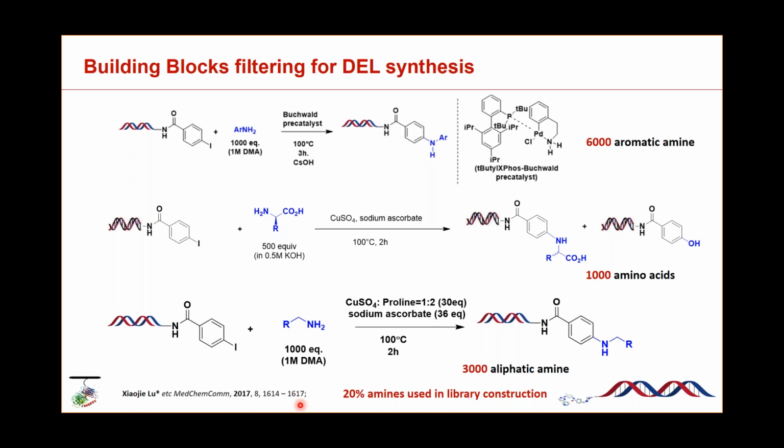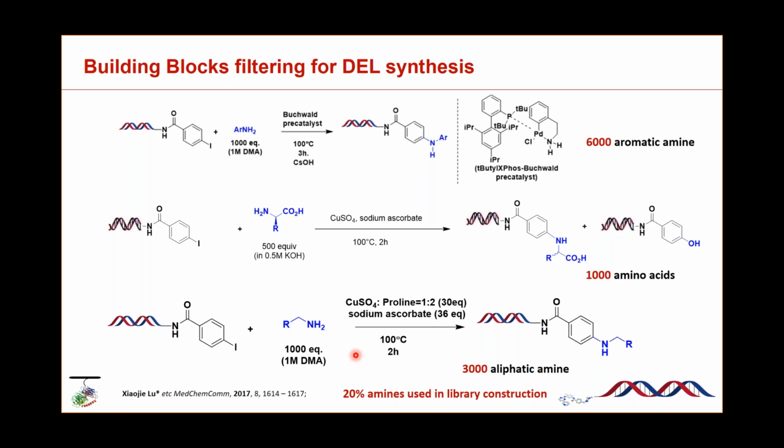This is one example of what we have done at GSK. It is a very specific thing, a coupling reaction. We have validated over 10,000 amines, and finally we found only 20% of amines could be used in the library construction, and 80% are basically not very useful. So this is really a lot of waste.